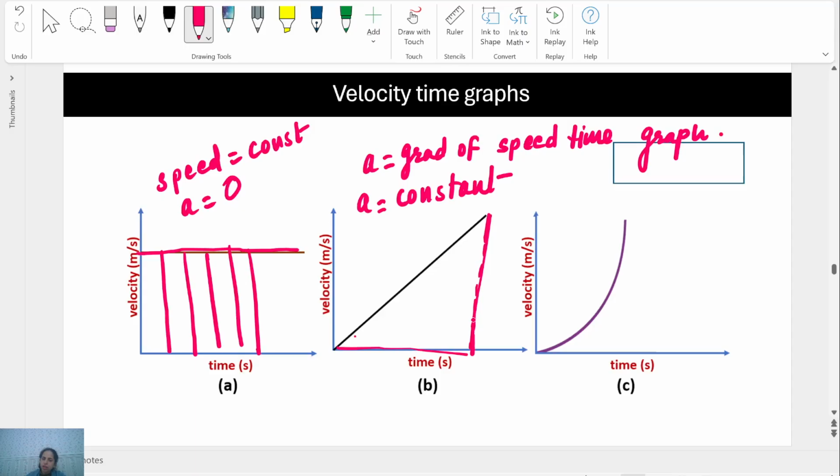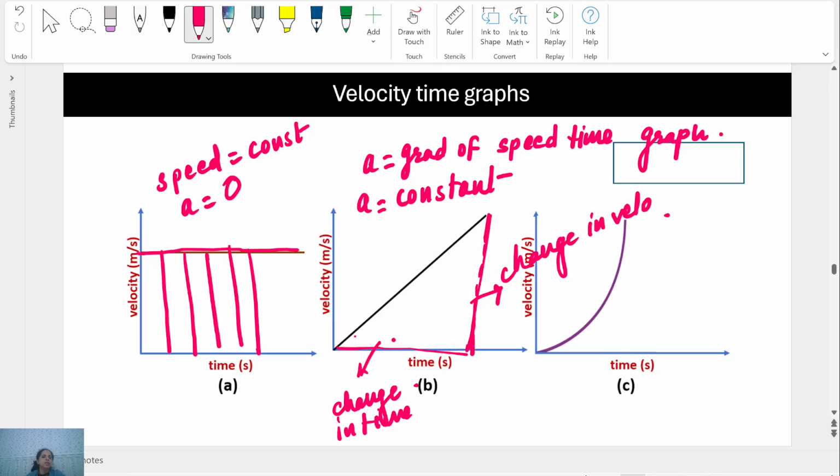So change in y gives change in velocity, isn't it? And the change in x gives you change in time. What is change in velocity over change in time? Change in velocity divided by change in time is nothing but acceleration. So the gradient gives you the acceleration.